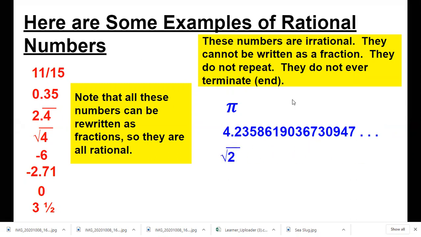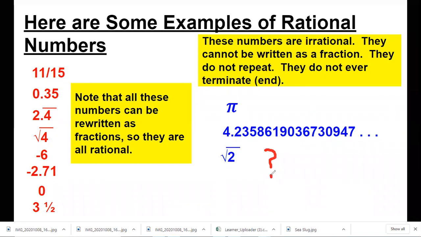Square root of 2 is an irrational number. Why? Because what number multiplied by itself will give you 2? Well, 1 times 1 isn't going to work, right? That's just going to give you 1. And 2 times 2 isn't going to work because that's just going to give you 4, right?